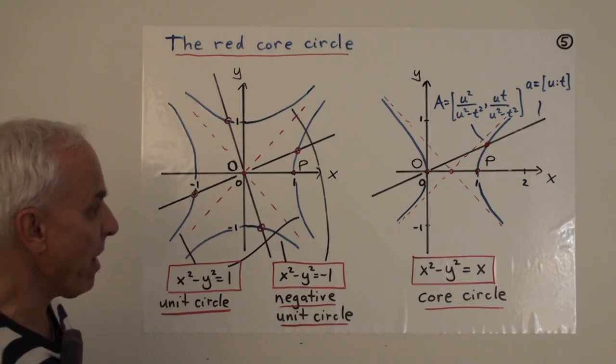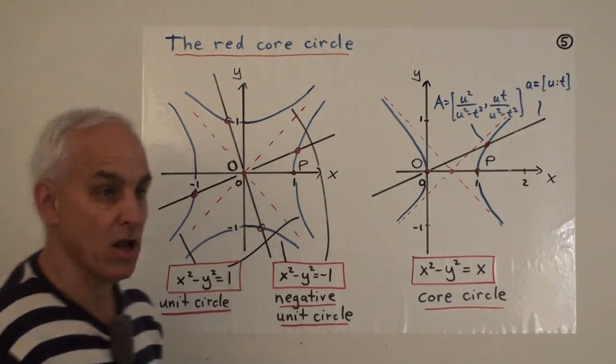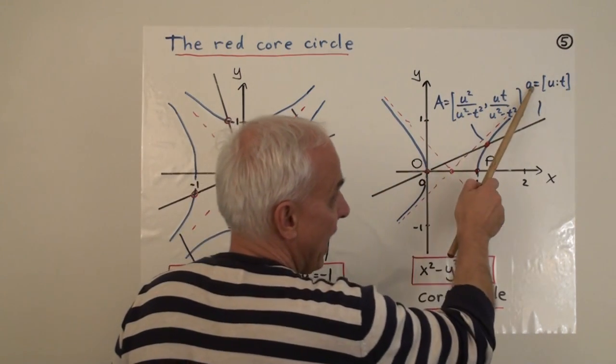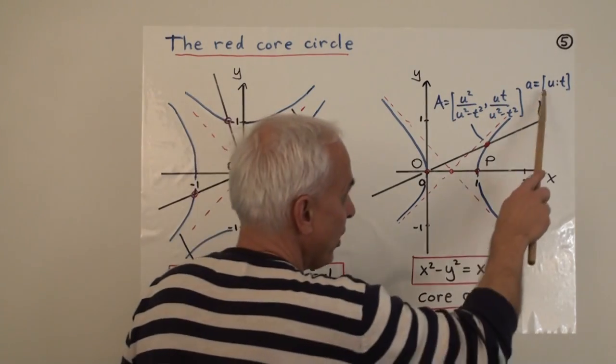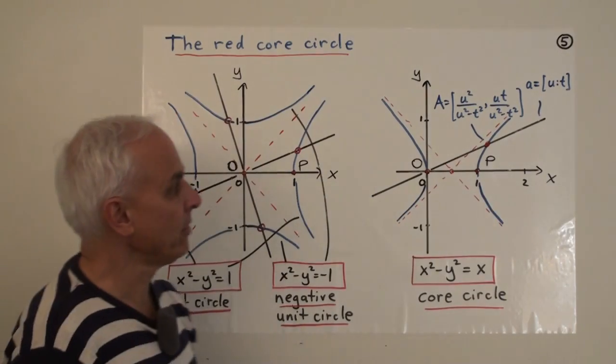The other thing we need to know about it is how to find a point on it that's lying on a given line. So if we have this line, or projective 1 point, say a, with coordinates u:t, that means that the point (u, t) is actually somewhere on here, but this is only determined up to a scalar.